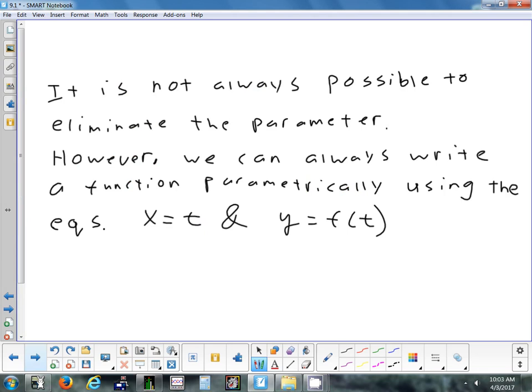That's the easy way to change something to a parametric equation. Literally just write t in for all the x's, and then replace x with t in the y equation. And that makes it parametric.